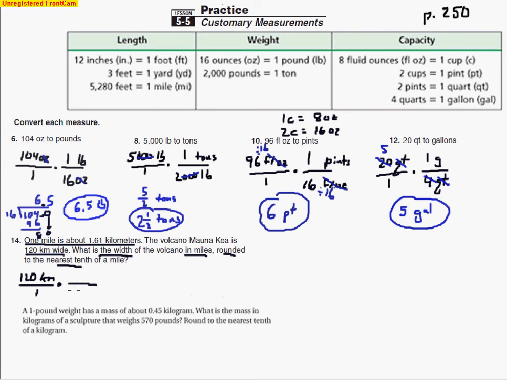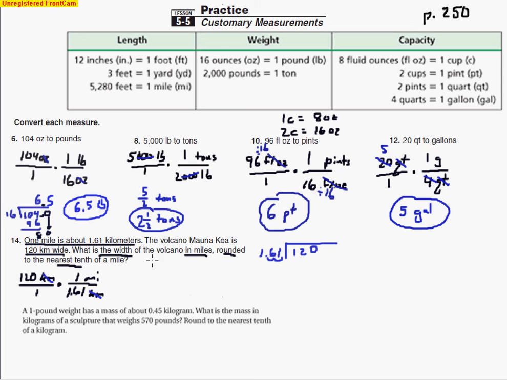So I'm going to put 1.61 kilometers on the bottom, and those kilometers will cross cancel, and then I'll put 1 mile on top. Now if I do this, I'll end up getting these to cancel. So notice I'm having to do another division problem. I've got to divide 1.61 into 120.